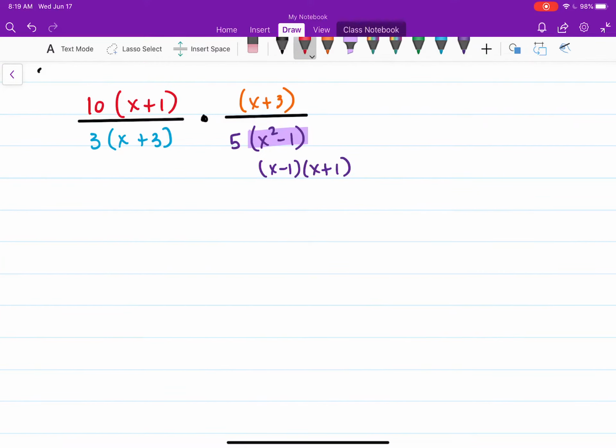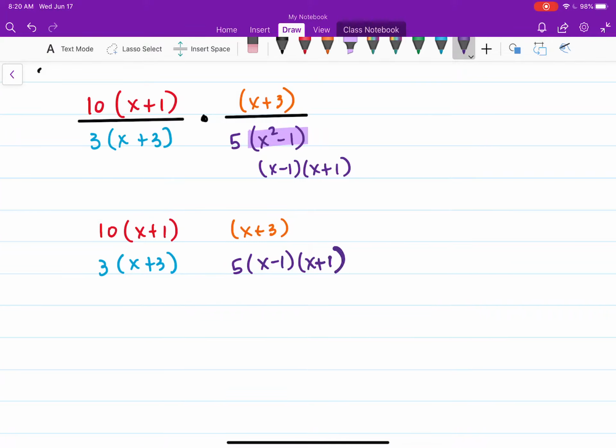So I got here 10 times x plus 1. I have 3 times x plus 3. I got the x plus 3, and I have the 5 times x minus 1 times x plus 1. Okay? Wow, that's really big. Okay.